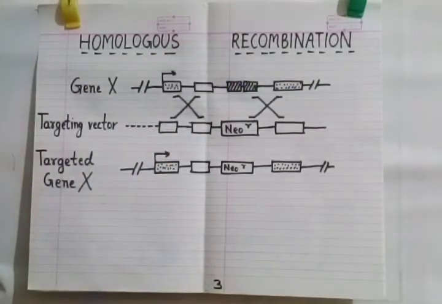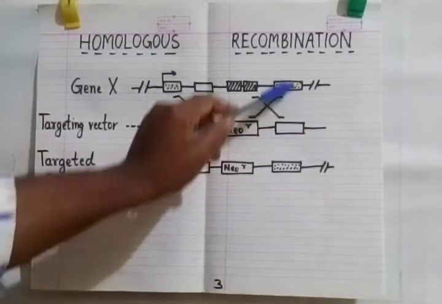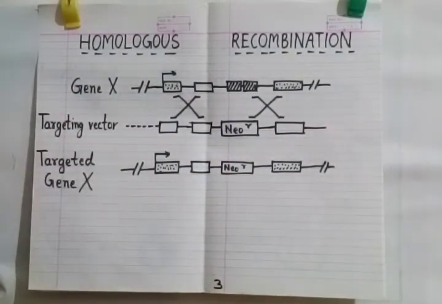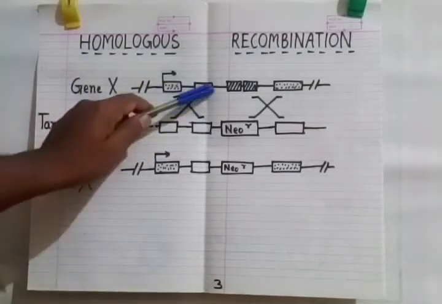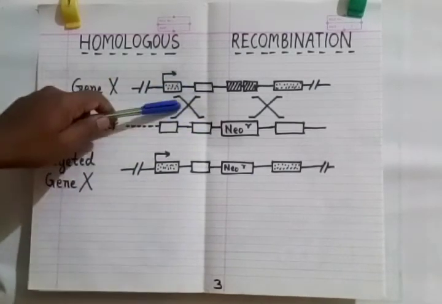And when homologous pairing is there, then there will be a genetic crossover, similar to what you have studied in meiosis. It will be similar to that. In this crossover, the crossover will happen over the homologous portions of the DNA.